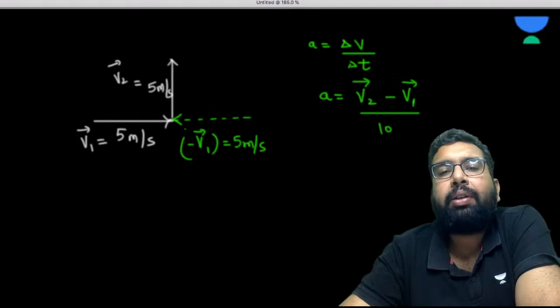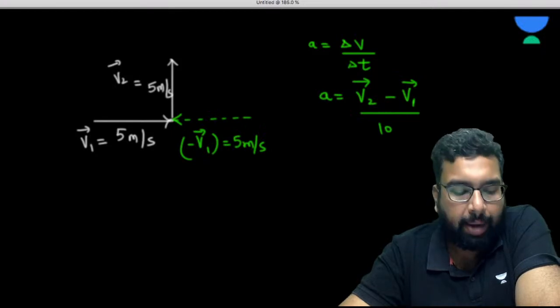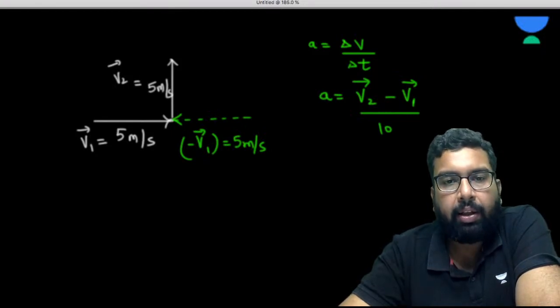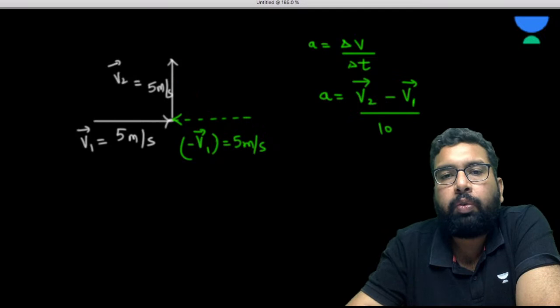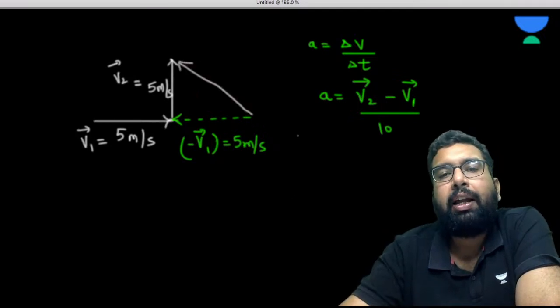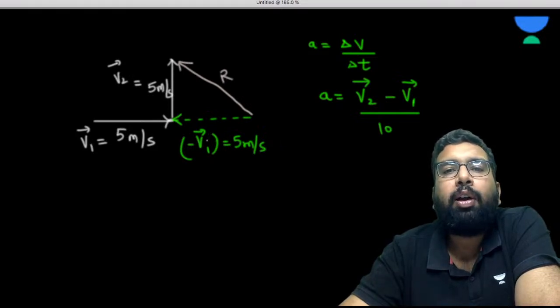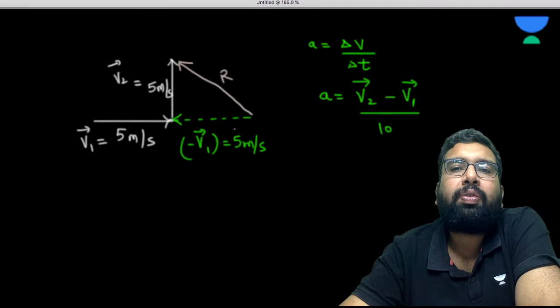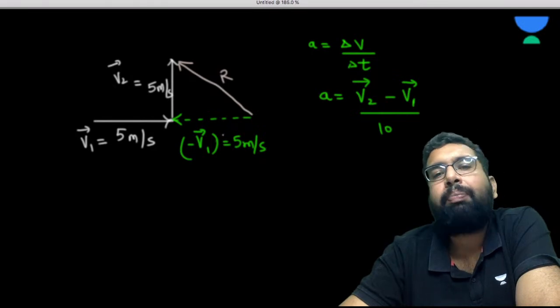So when I reverse this direction, you can see this vector of minus v1 and this v2 are both in the same order. So now we understand that the resultant is going to be the third side of the triangle taken in the opposite order.